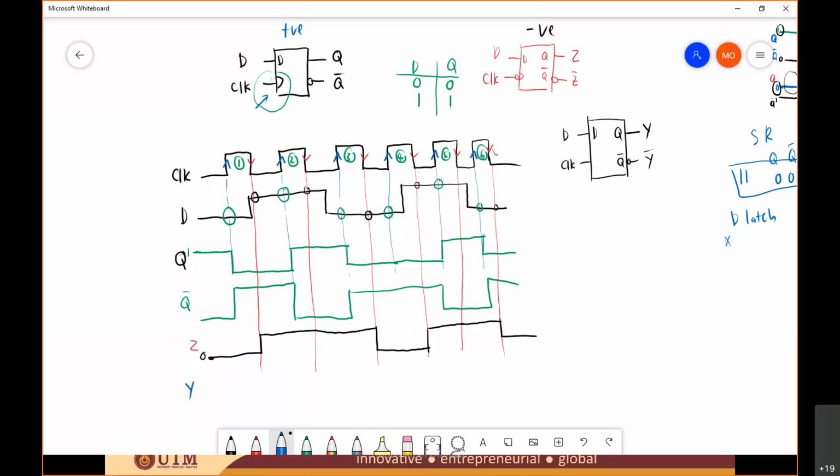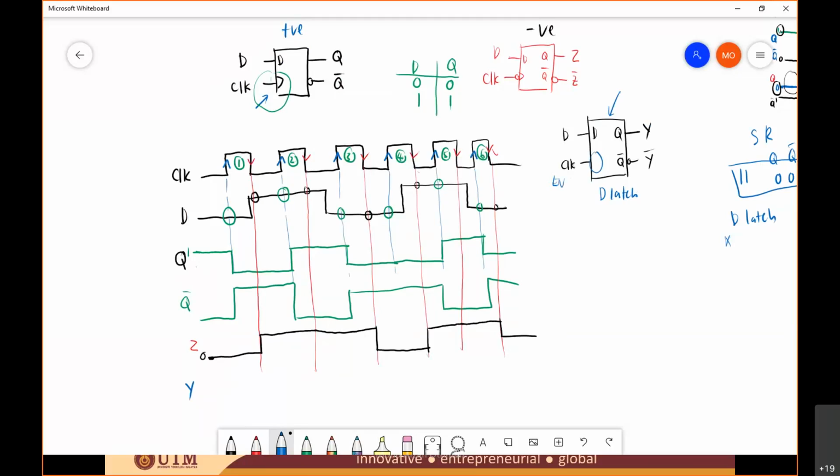Lukis my output Y. Since at the clock source, kamu tahu this belongs to the latch, because tak ada triangle kat situ. For the D latch, this clock here becomes your enable, so you need to see the enable.